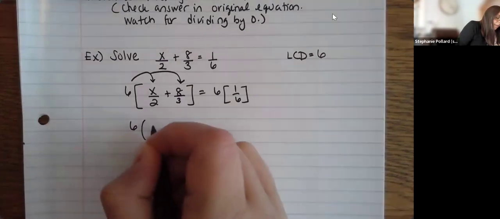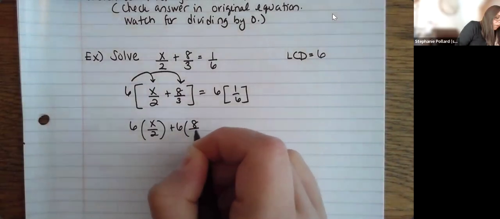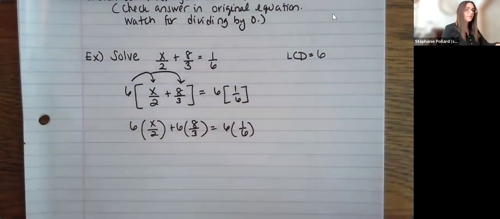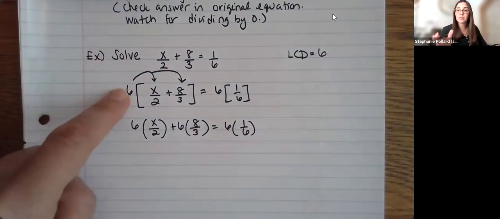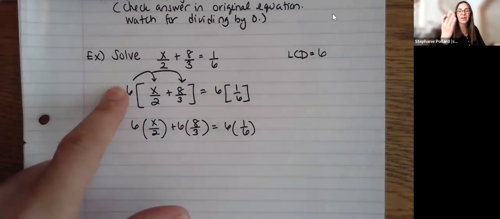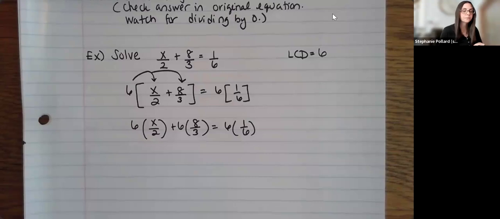So 6 is going to get multiplied by x over 2. It's also going to get multiplied by 8 over 3, and then by 1 over 6. If you want to write out the step, because technically you are multiplying both sides by 6, you can, but you can also just remember that that 6 is going to get distributed through, so it's really just going through each of the different terms.